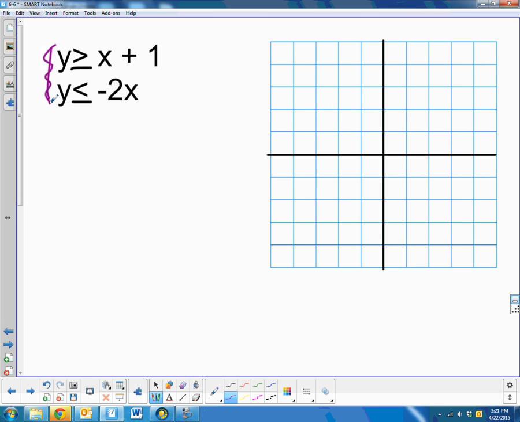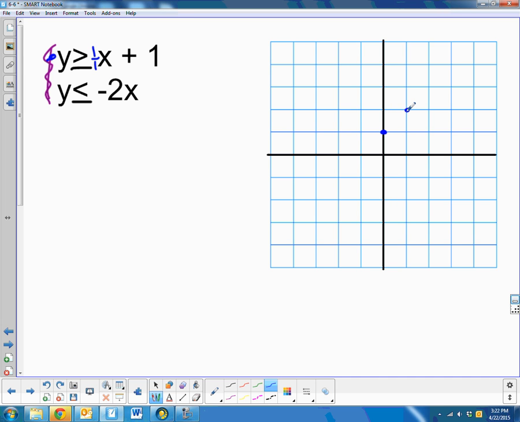So, graphing. We've got y by itself. That's essential. y equals mx plus b. For the first one, I'm going to use blue. For the first one here, we've got a y-intercept of 1, and a slope of 1 over 1. Rise over run.